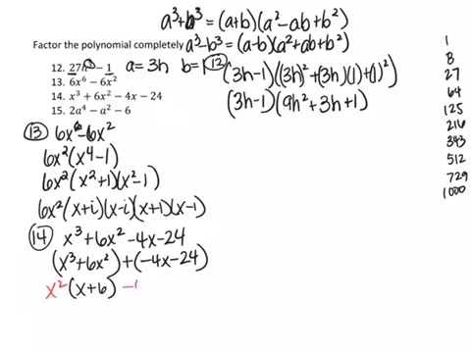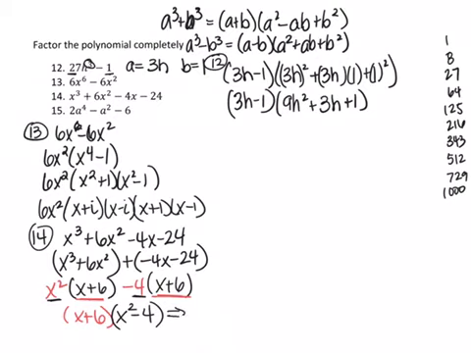And I can factor out a negative 4 times x plus 6. Now what I'm going to factor out is the common factor of x plus 6 times what's left, x squared minus 4. And if I check this and multiply it at this point, I would get what I started with.